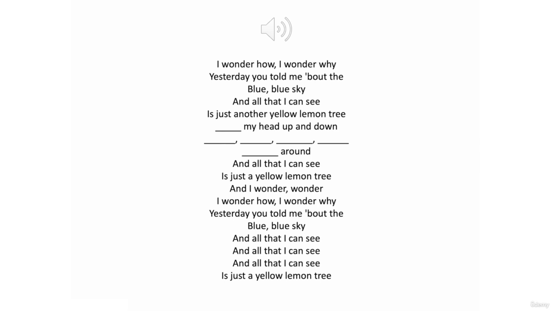This is once again the chorus, which you've already identified the present continuous tense in.